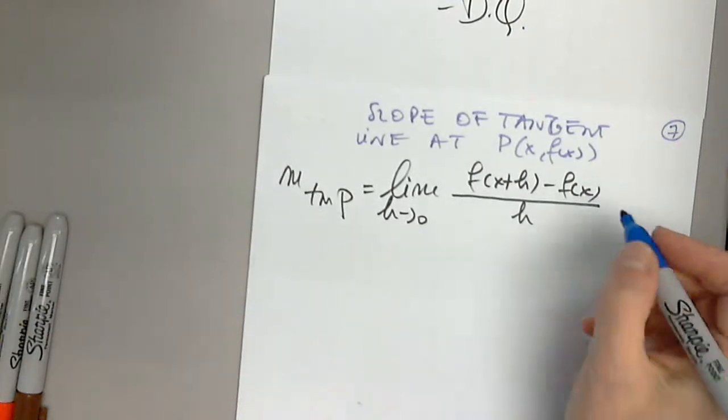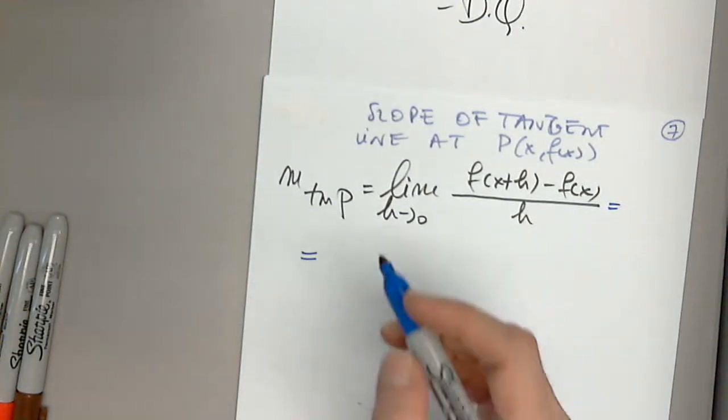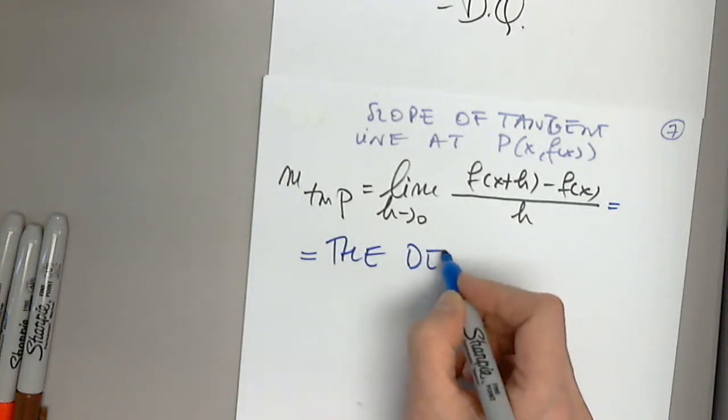Good. So this has a name. Since P is a generic point, x comma f of x, any x comma f of x, this has a name. Anyone remembers or knows the name of this? You don't have to. Yes. Thank you. The derivative.